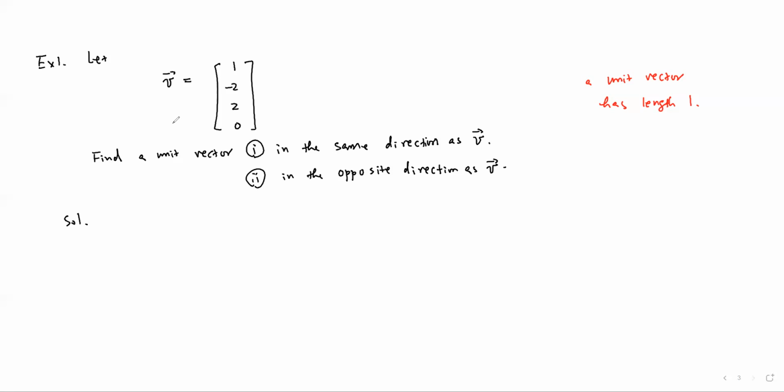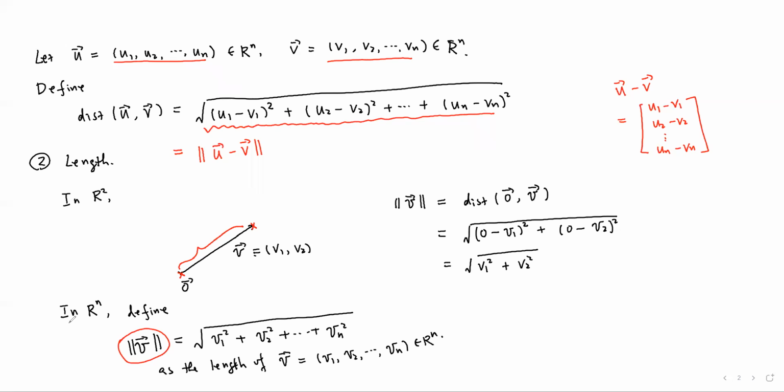The given vector V, its length may not be 1. Let me compute the length of the vector first. By the formula, in Rn the length of a vector is given by this number.